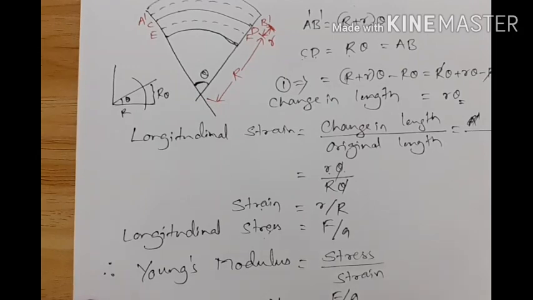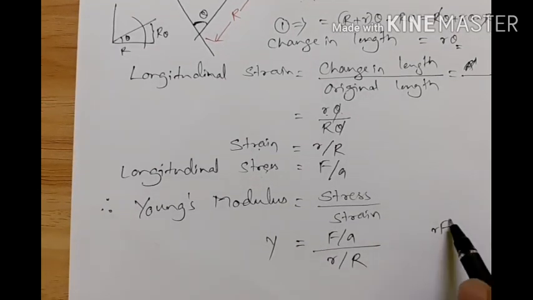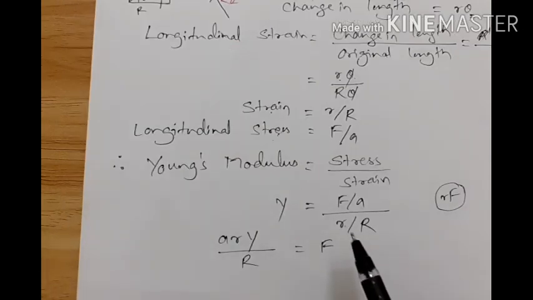Fine. So now what I want is R into F. In this derivation, we want R into F. We want this quantity. So this is the couple or bending moment we have to find out. That means let us take everything to the left hand side, and on one side we want the F. We can take F to one side and the remaining terms to the other side.